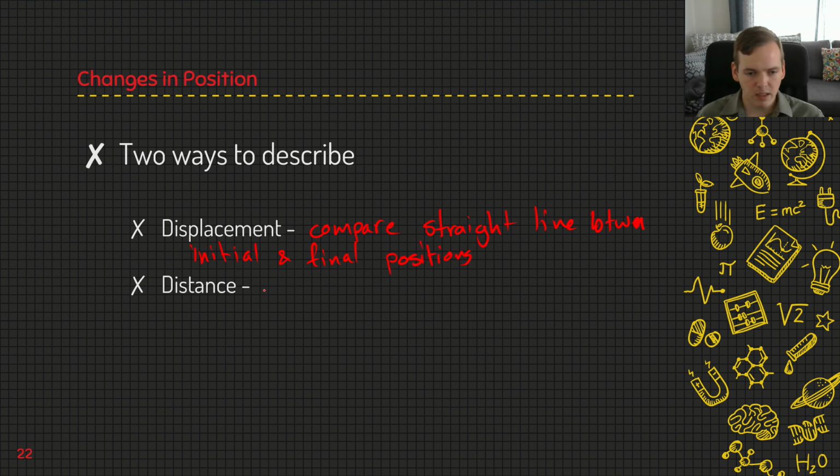And distance considers the path. Displacement, in case you're wondering, is a vector, and distance is a scalar.